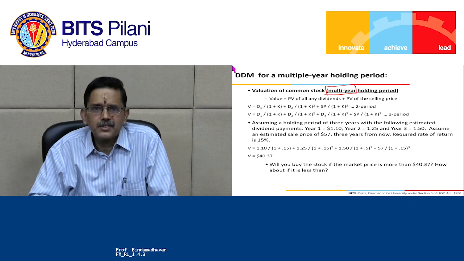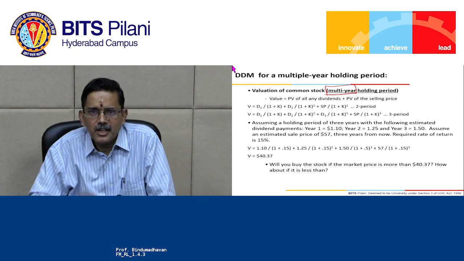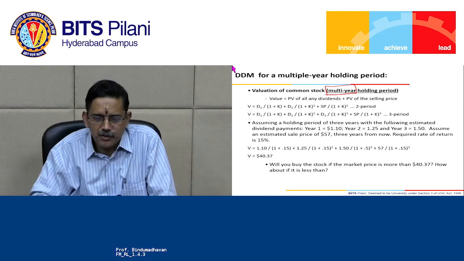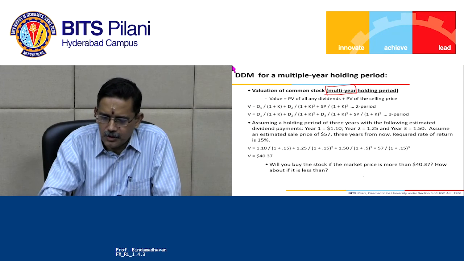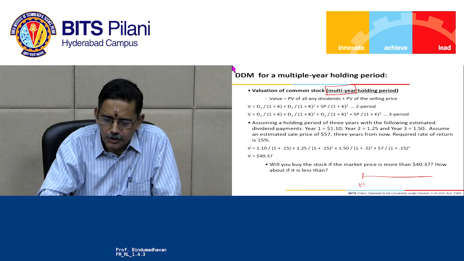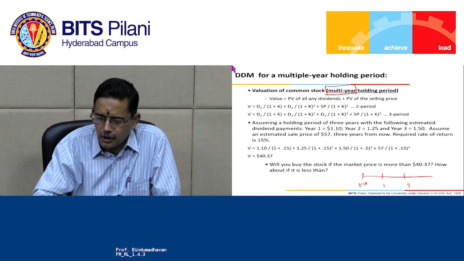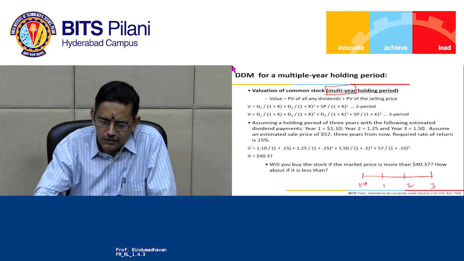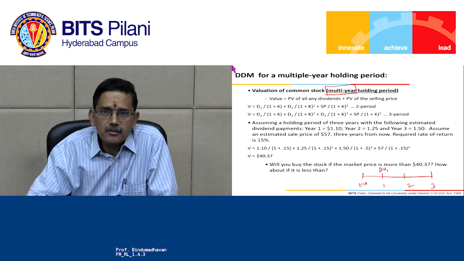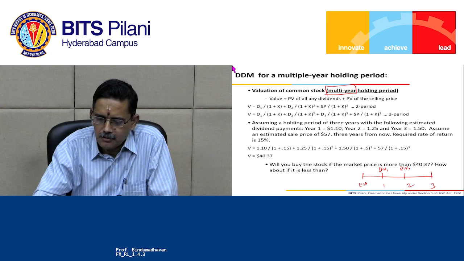The concept is the same. So instead of forecasting for 1 year, we will forecast the dividend stream for future years. So it could be for 3 years, it could be for 5 years, and so on. So in this example, it is for 3 years. So what we are saying is we are going to hold the stock for 3 years, and we are going to forecast the dividends. What might be the dividend after 1 year? What might be the dividend after 2 years?